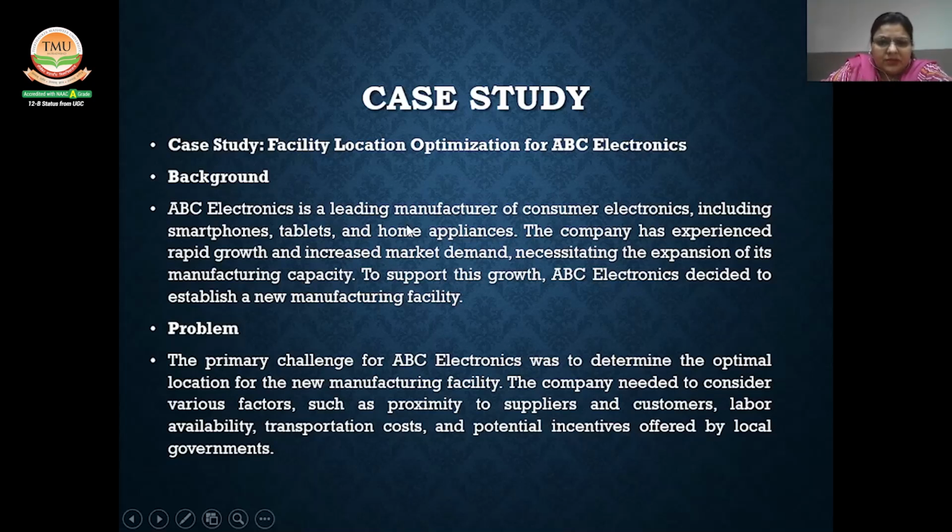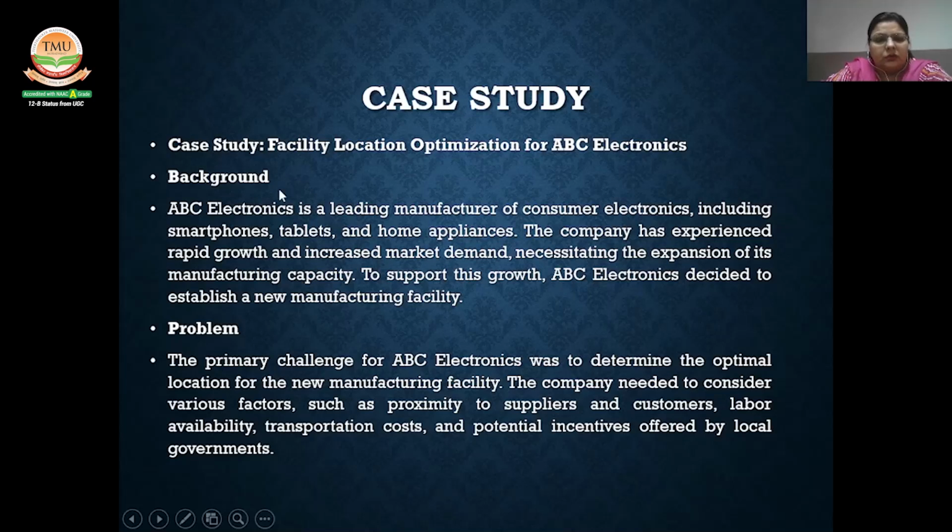ABC Electronic is a leading manufacturer of consumer electronics, including smartphones, tablets, and home appliances. The company has experienced rapid growth and increased market demand, which necessitates the expansion of its manufacturing capacity. To support this growth, ABC Electronics decided to establish a new manufacturing facility.